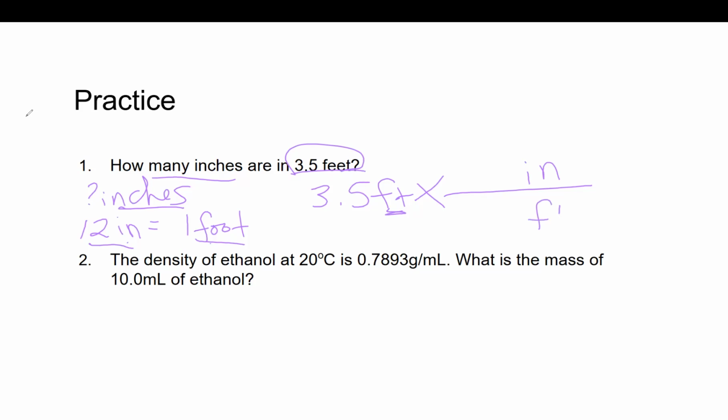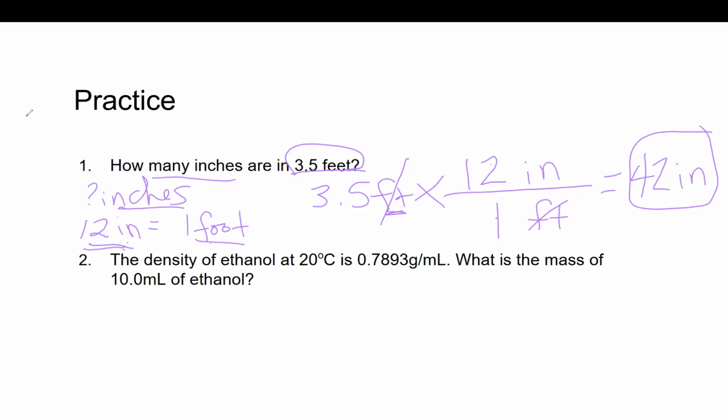Feet. So it goes on bottom. Now I put in for my ratio. I know that there are 12 inches in every foot. My feet will cancel. So that's 3.5 times 12 divided by 1, and this gives me 42 inches. Let's try another one.